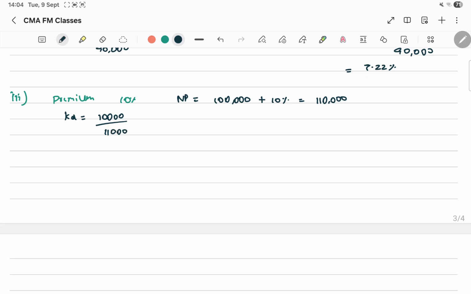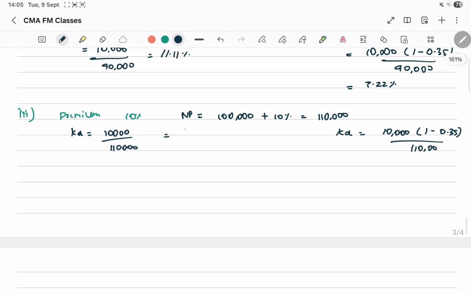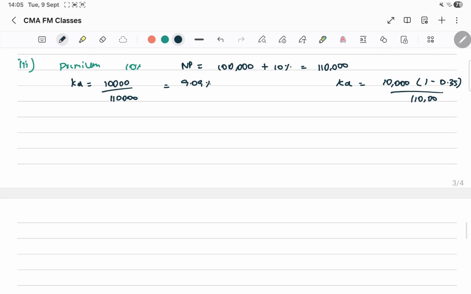Now the same thing: before tax, KD equals 10,000 divided by 1,10,000, which is 9.09%. After tax, KD equals 10,000 into 1 minus 0.35 divided by 1,10,000, which is 10,000 into 0.65 divided by 1,10,000, giving 5.90%.